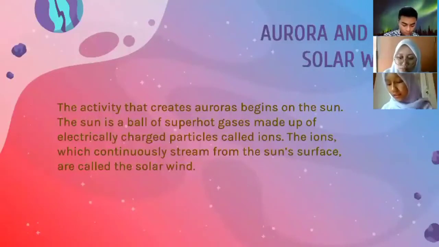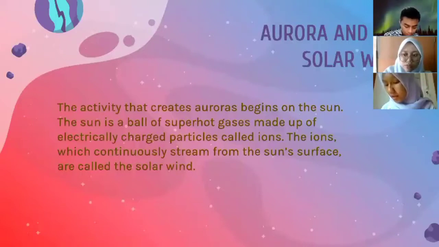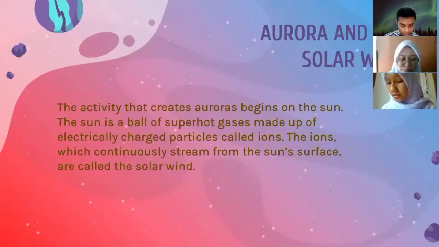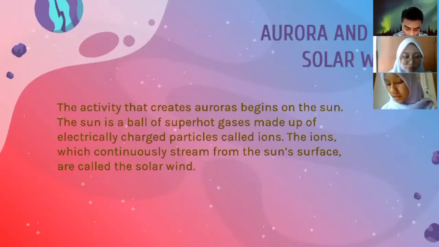The activity that creates auroras begins on the sun. The sun is a ball of superhot gases made of electrically charged particles called ions. The ions, which continuously stream from the sun's surface, are called the solar wind. As solar wind approaches the Earth, it meets the Earth's magnetic field.